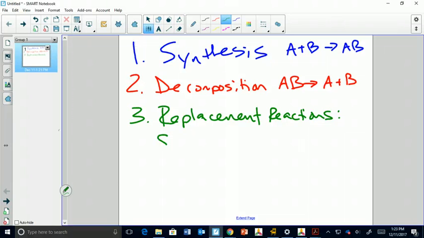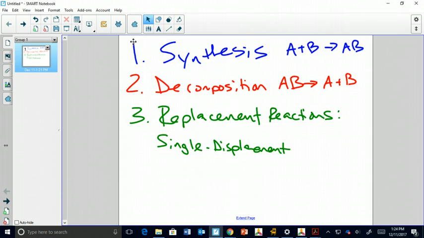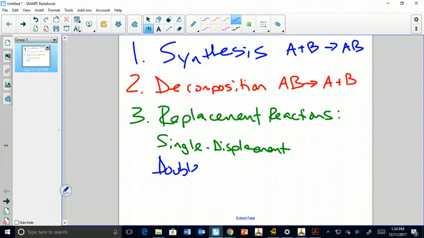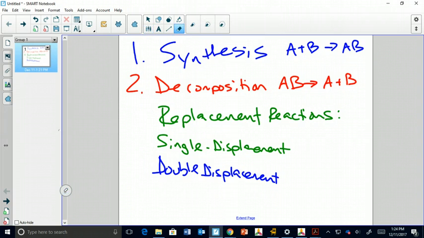The first is what we call a single displacement reaction. And the second is what we call a double displacement reaction. So in actuality, if I wanted to put numbers on these things, I would put them here. That would make a little bit more sense.